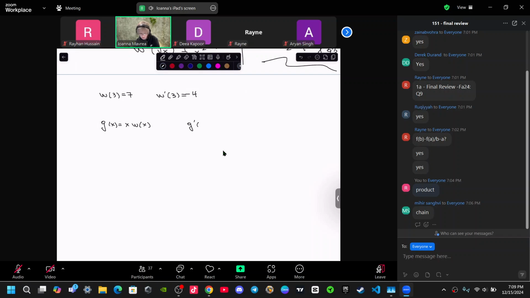Therefore, g prime is equal to W, I'm just using the product rule that we just did, plus x W prime. Since you know this, you can find the equation of the tangent line, that's called the linearization, of both W and g. Now you're told to do something with g. So I need to write the equation of the tangent line, that's the linear approximation, the equation of the tangent line to g. So the equation of the tangent line looks like this.